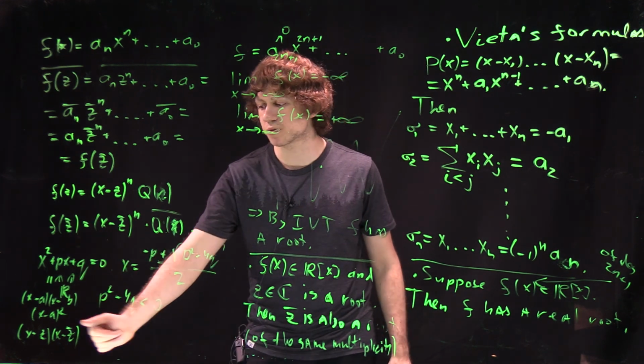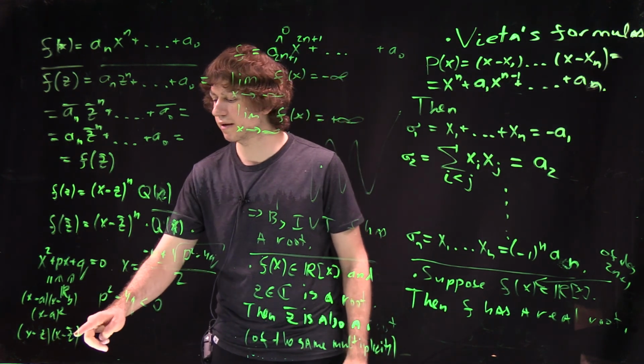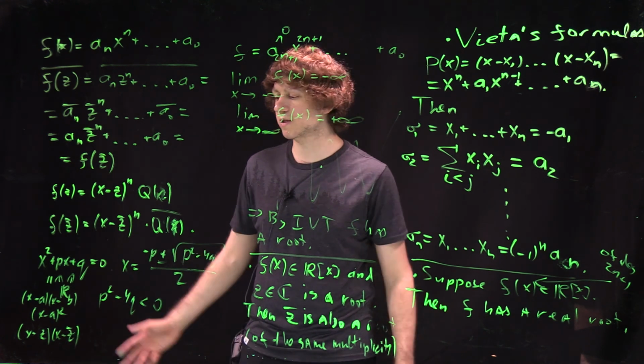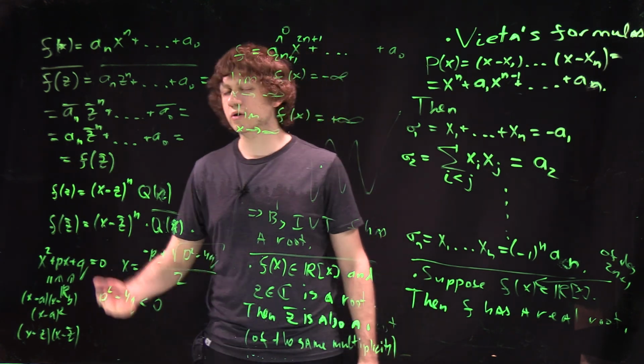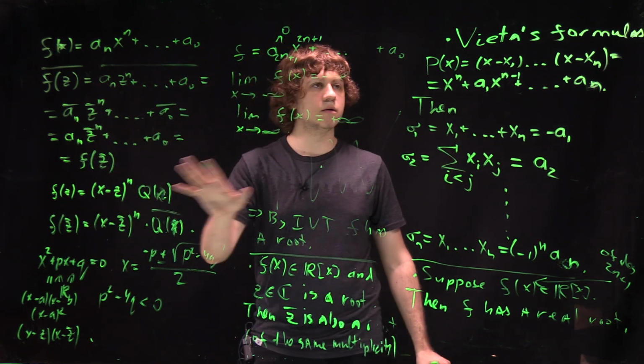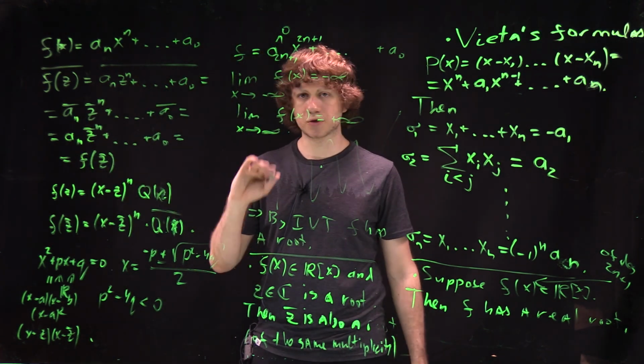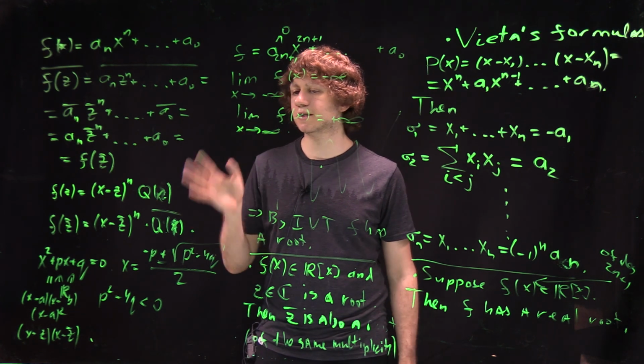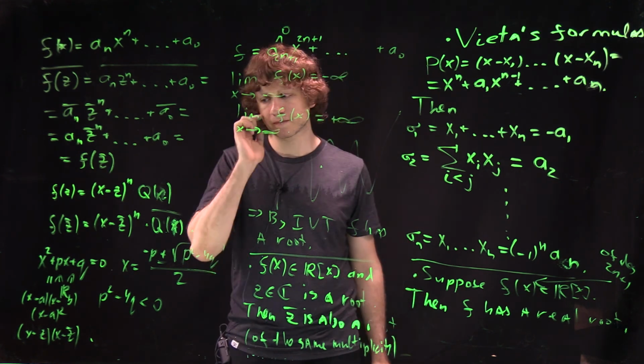So there are three options. You cannot have x minus z times x minus w for two unrelated complex numbers. It will not have real coefficients. So these are several little statements I wanted to go through before we start talking about roots of unity.